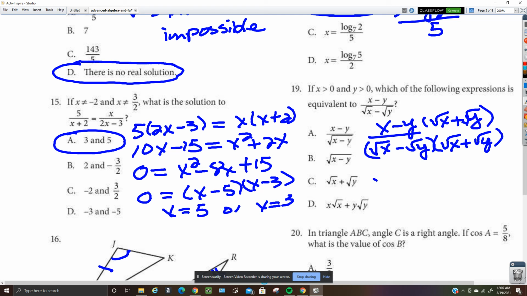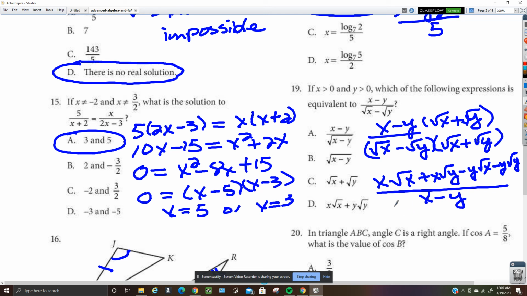So you get x square root of x plus x square root of y minus y square root of x minus y square root of y. And in the denominator, you're going to get x minus y.